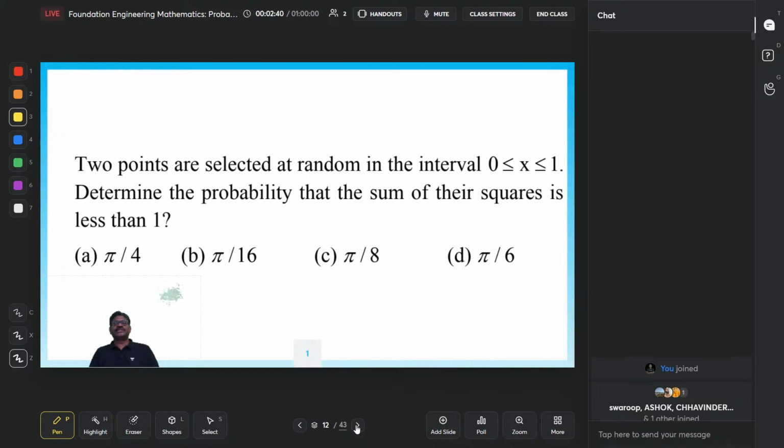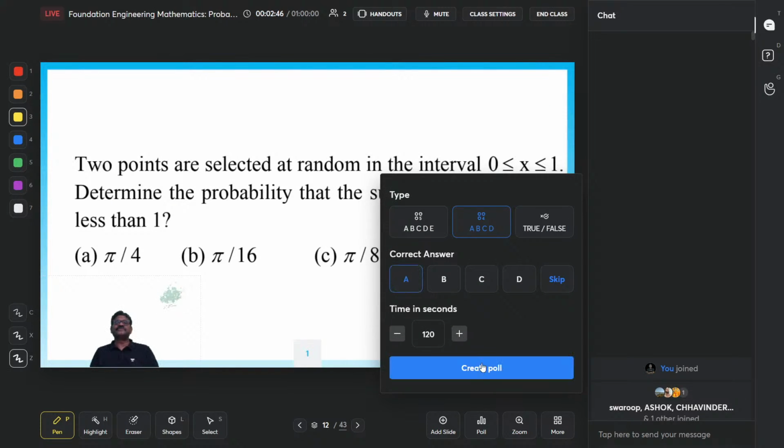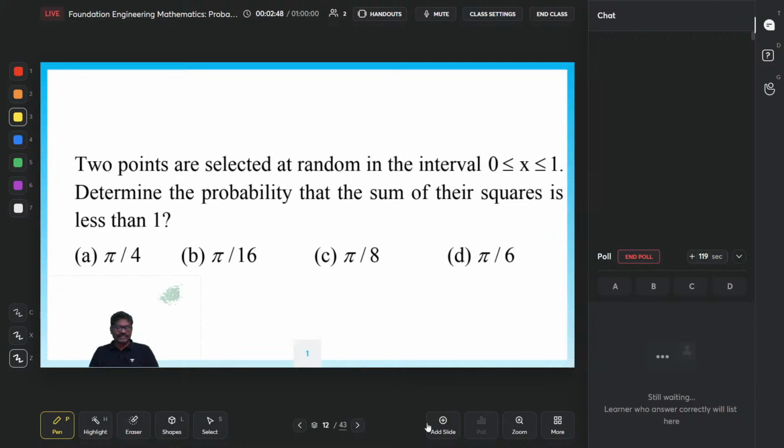Determine the probability that the sum of their squares is less than 1.